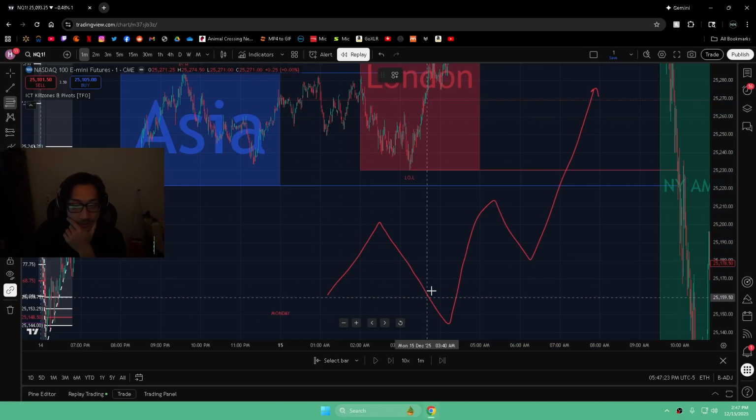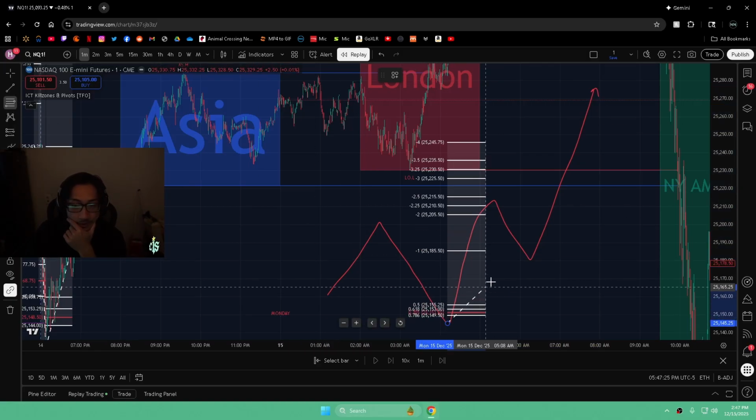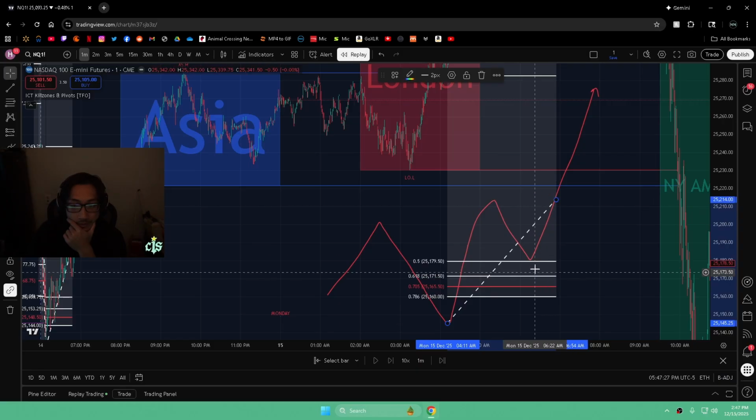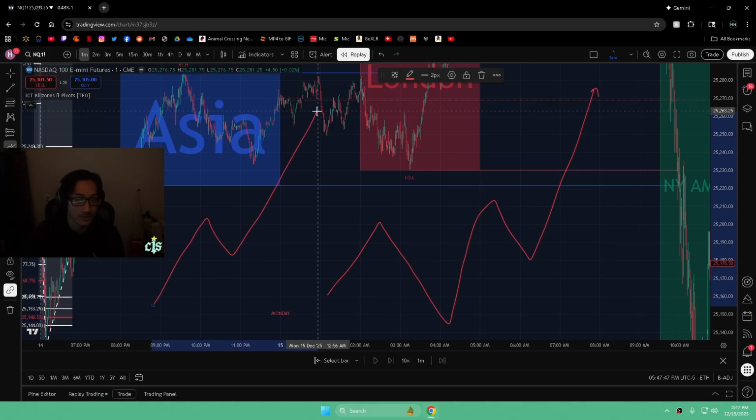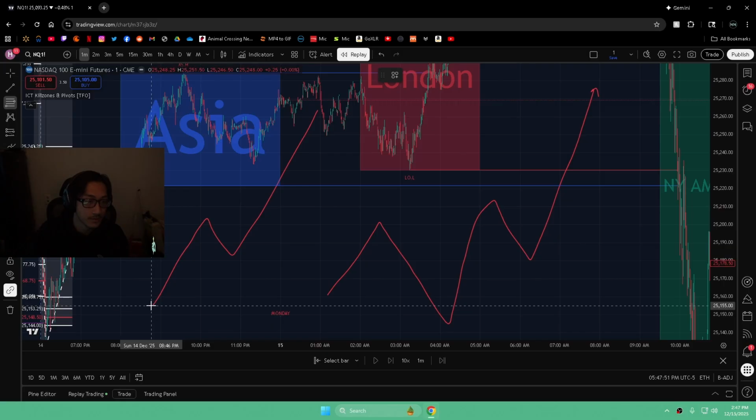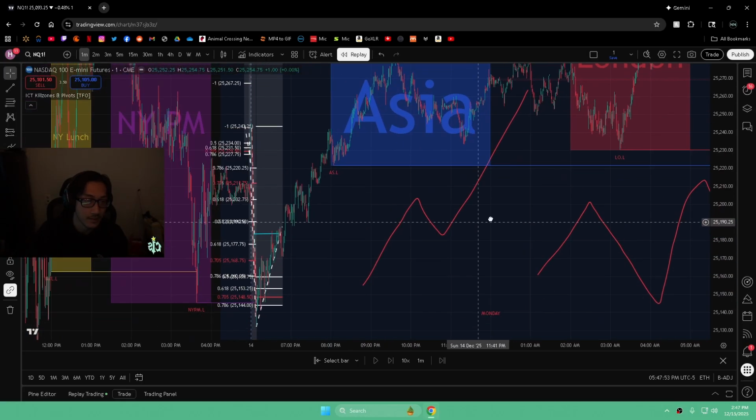Depends if it does this. OTE zone, boom to boom. Obviously I didn't draw right, but it would tap to here and then go back up. Or just to find your range, it would just be the other one. How do I draw it? If it's going up continuously, do it from the same zone basically. I forgot how I did it.